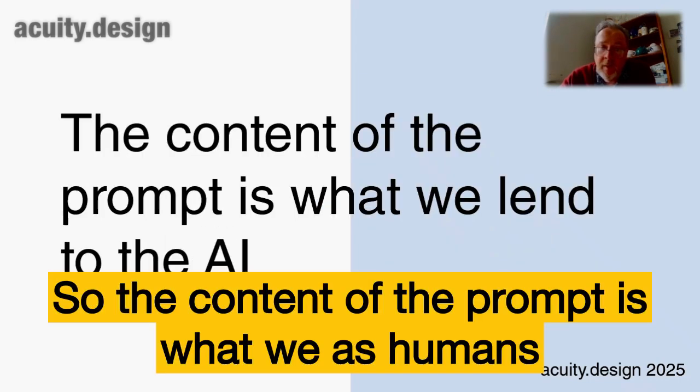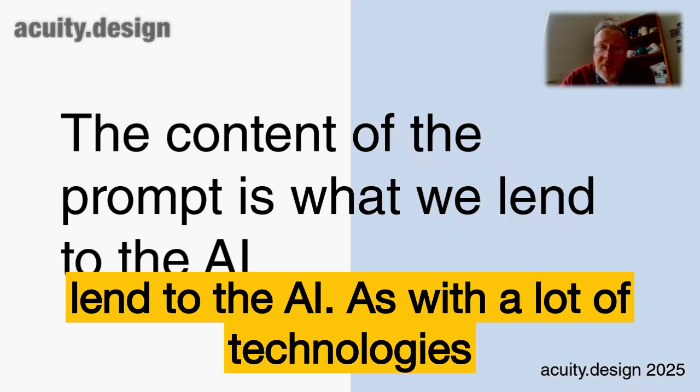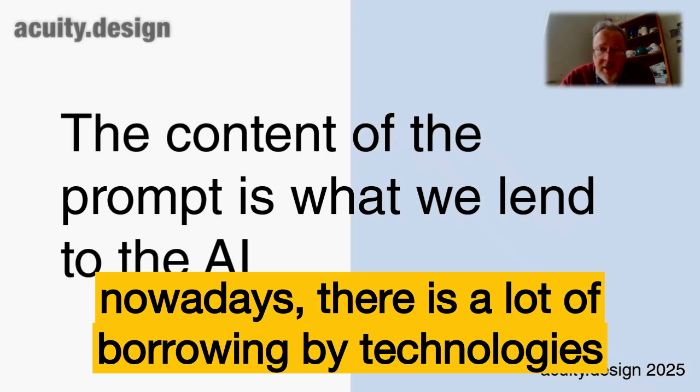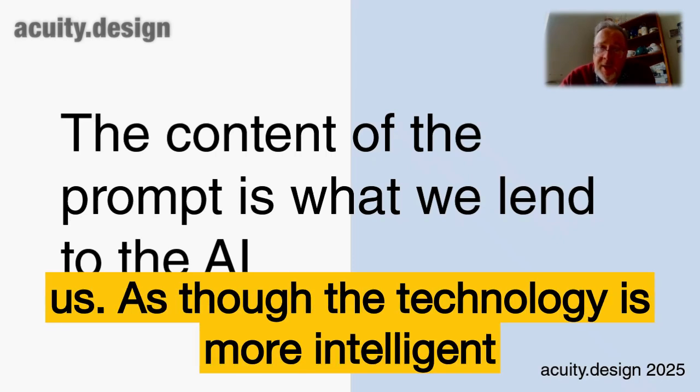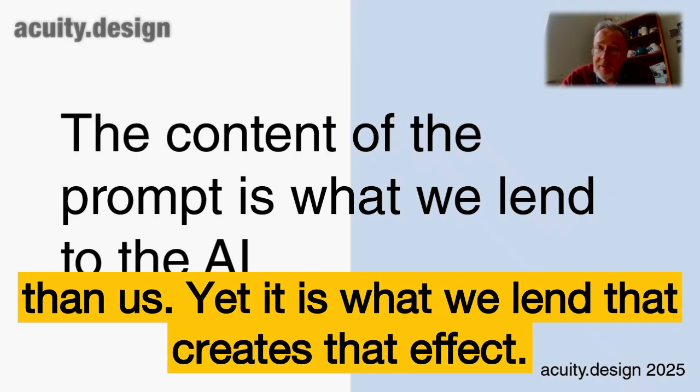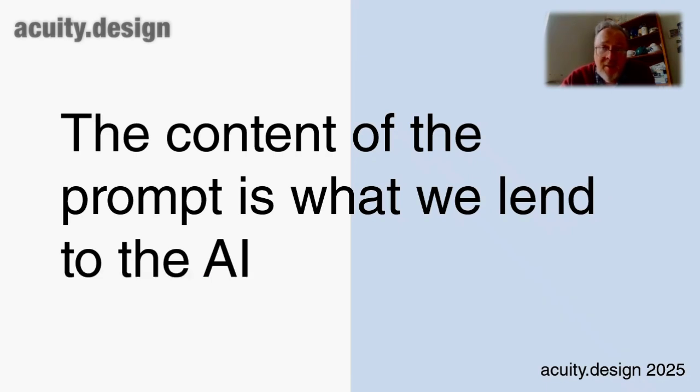So the content of the prompt is what we as humans lend to the AI. As with a lot of technologies nowadays, there is a lot of borrowing by technologies in order to be able to then reflect it back to us as though the technology is more intelligent than us. And yet it is what we lend that creates that effect.